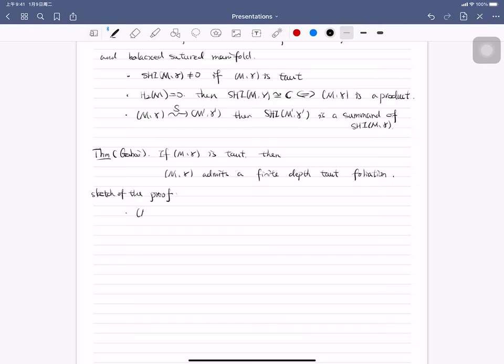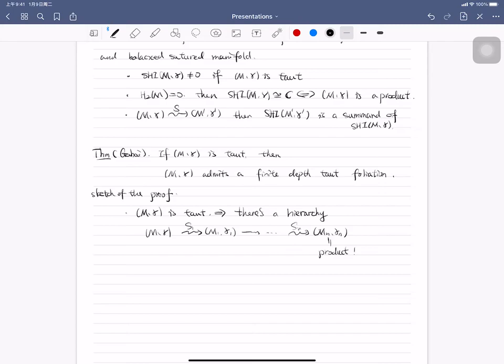That is Gabai's original theorem, but the idea to prove it: because we have a Taut balanced suture manifold, there is a hierarchy, or a sequence of balanced suture manifold decompositions, so that the end result is a product suture manifold.